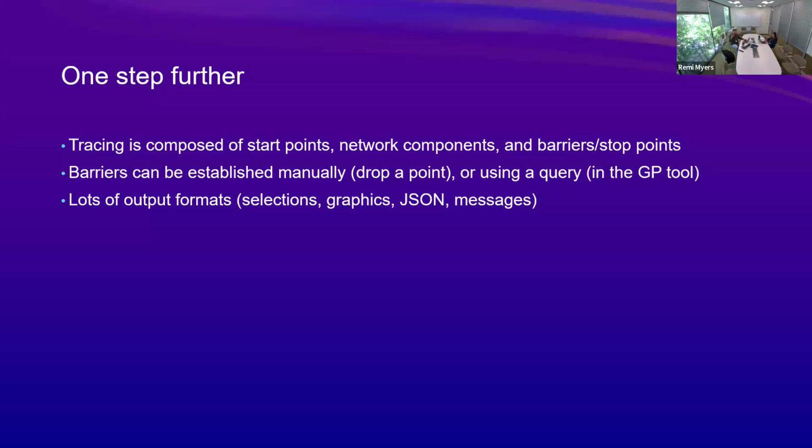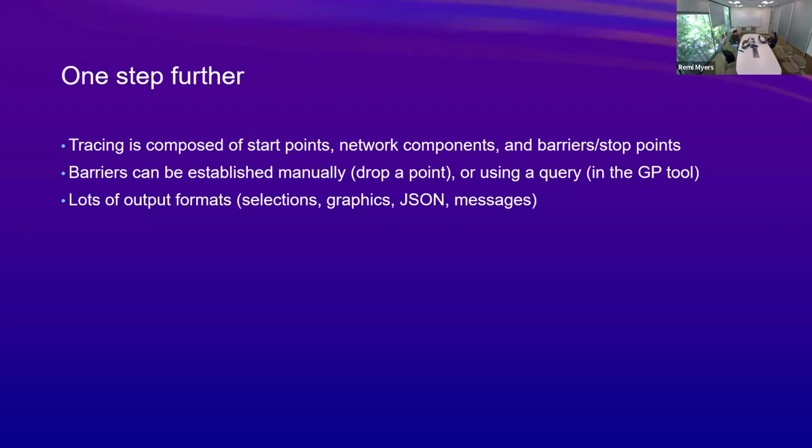So taking that tracing example one step further, I'd like you to think of tracing as composed of the start points, evaluating or establishing where you want to start your trace from, the network components that get selected in the query, and then the barriers and stop points that tell the trace to stop here.